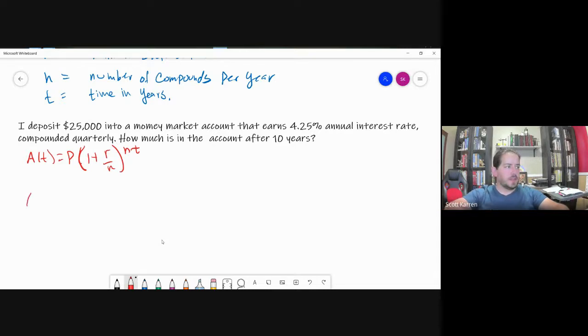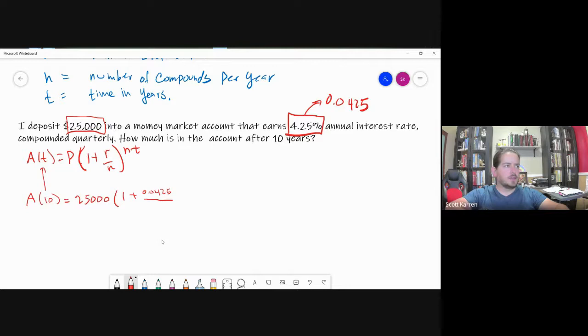It's asking me to find the amount that's in there after 10 years. So T is 10. I know P is 25,000. That's what I put in there. And 1 plus R. My R is 4.25%, but I want that as a decimal, so I'm going to write in 0.0425. Make sure we do that.